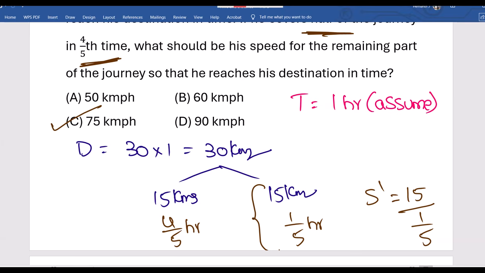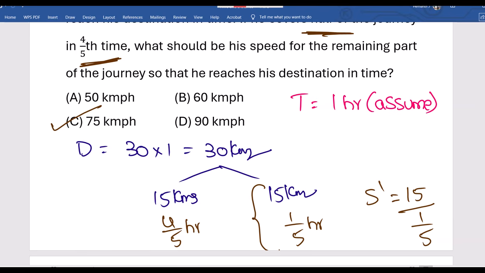Then what is the speed you need to maintain? The remaining part of the journey is 15 kilometers. For that, what speed do you need to maintain so that you reach in time is the question. Right? Okay, so see this. Any doubts, please? Clear with the question?